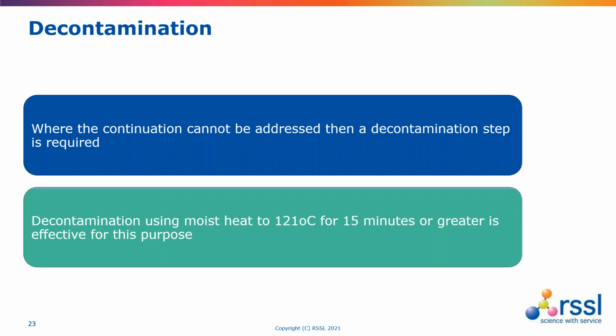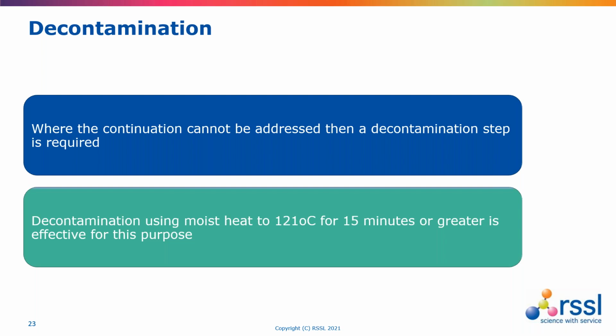And which also will help with laboratory controls as well. And probably the most effective way to do that is using heat. That's because mycoplasmas have a low tolerance to heat.